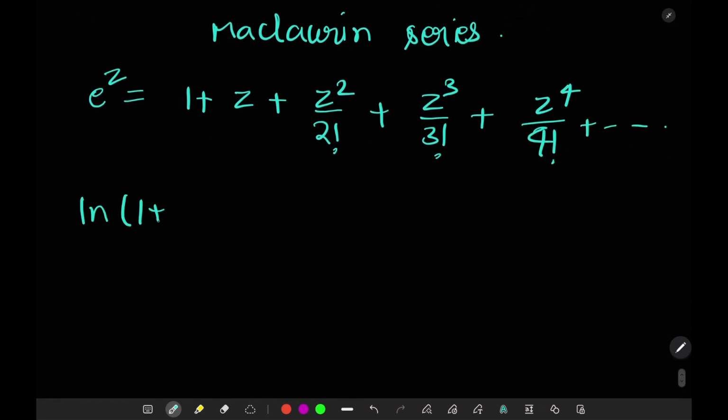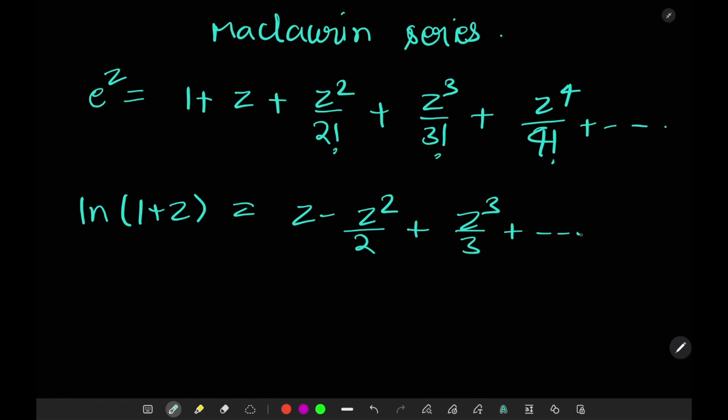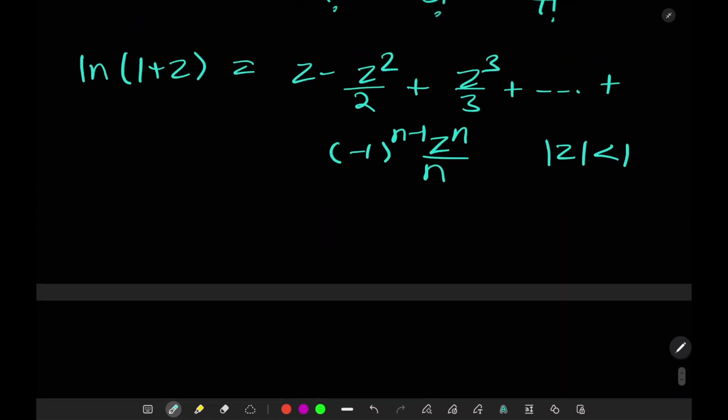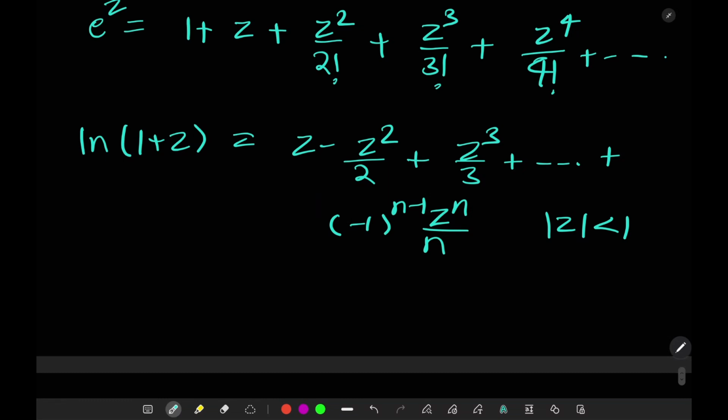And ln(1 plus z) is equal to z minus z square divided by 2 plus z cube divided by 3 plus, up to minus 1 raised to power n minus 1 z raised to power n divided by n. Here this is for mod of z less than 1. This may be different for when z is greater than 1.